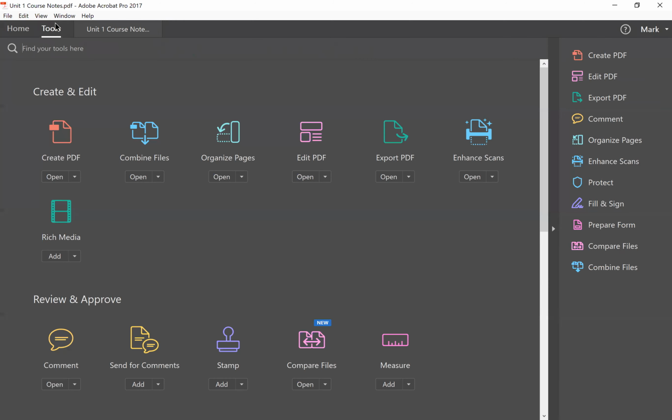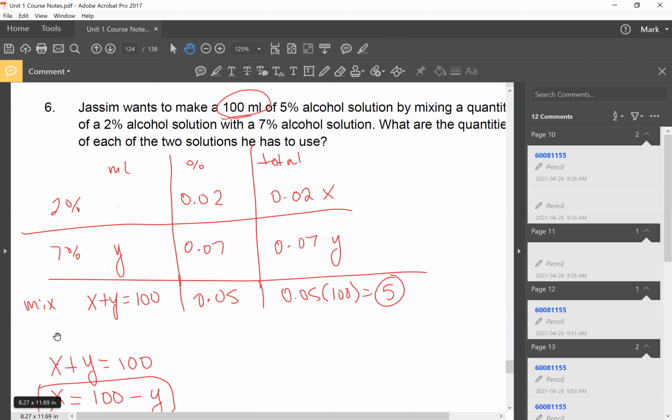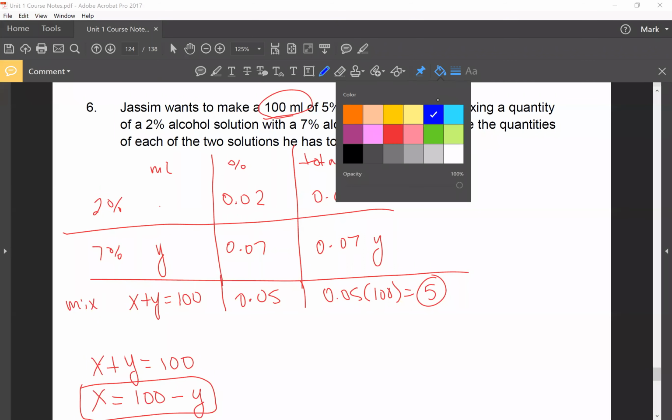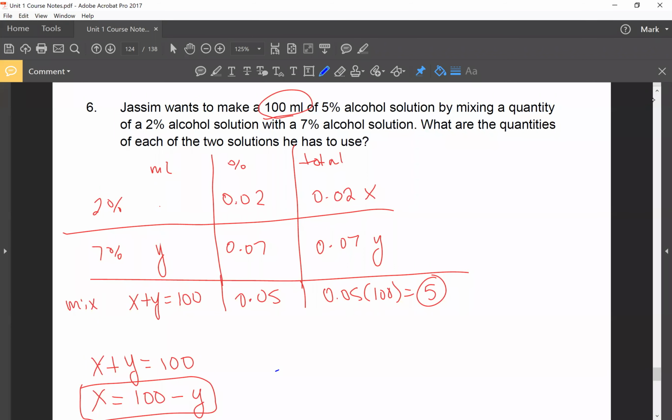Oh, sorry. I want to do this in blue so you really see what I'm doing. There we go. Okay, sorry. So instead of X here, I'm going to replace that with 100 minus Y. And instead of this X over here, I'm going to replace that with 100 minus Y.